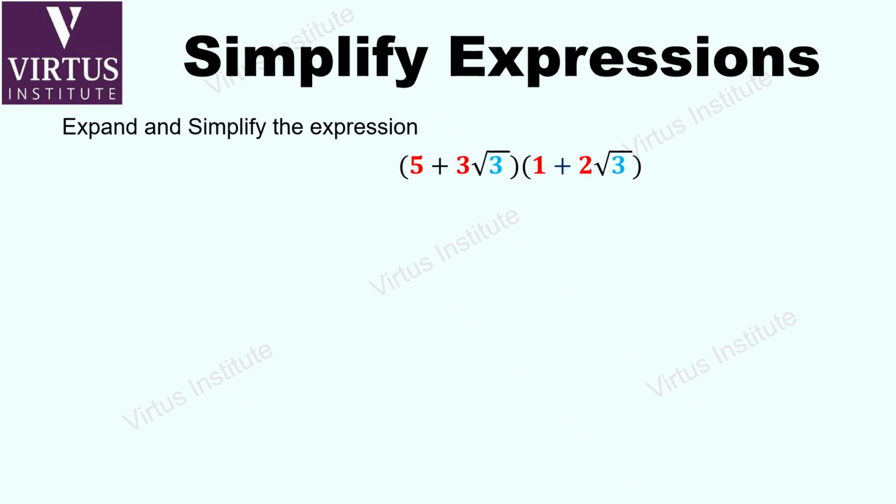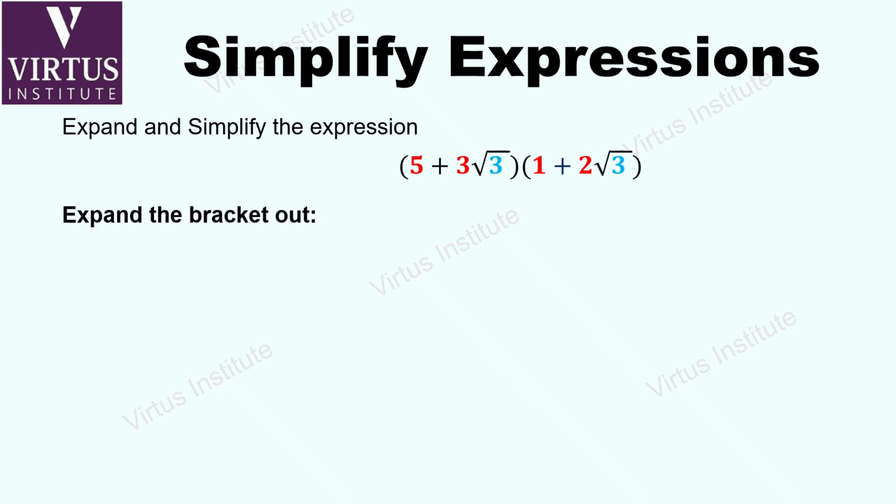To expand and simplify the quantity 5 plus 3 root 3 multiplied by the quantity 1 plus 2 root 3, multiply every term in the first bracket by every term in the second bracket.